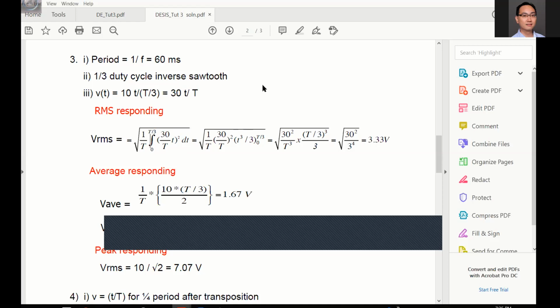Any question? Do I need to go through the integration? Quite long-winded. You all know how to do integration, or?